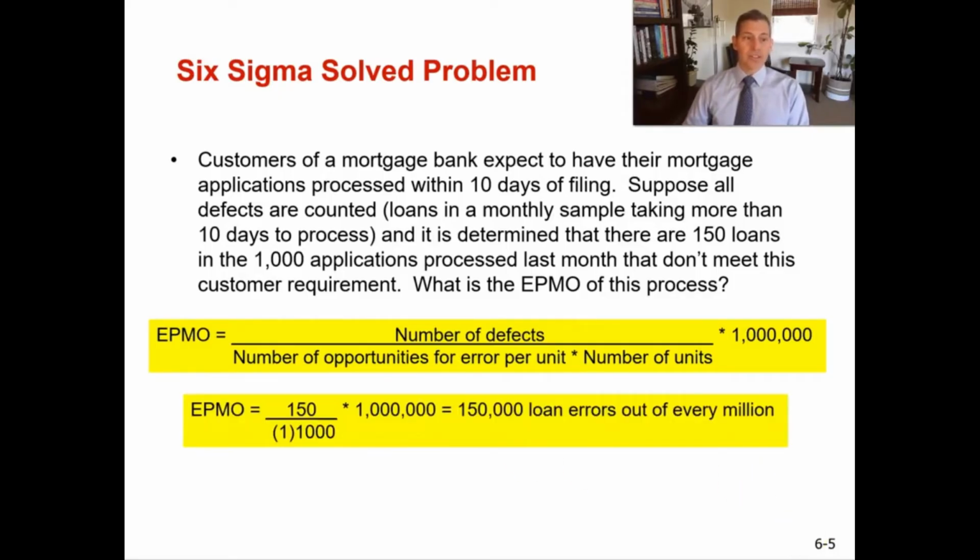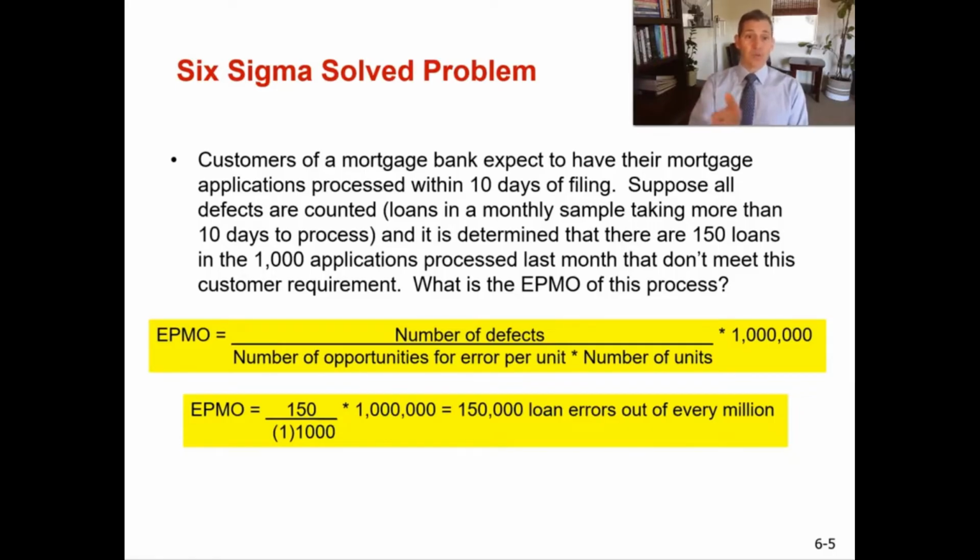So to get the errors per million opportunities, you simply take 150 divided by 1 multiplied by 1,000, times 1,000,000. So for this bank, they are having 150,000 loan errors out of every million. Okay, 150,000 loan errors out of every million.